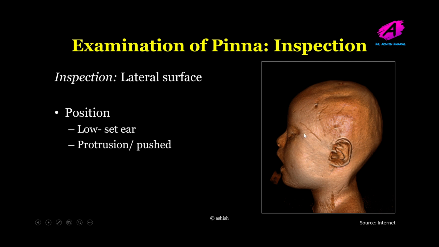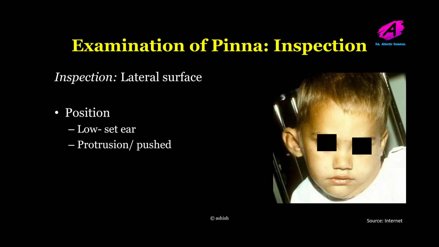If the pinna is below this line, then it is said to be a low set ear. This is commonly seen in patients with Down syndrome. Protrusion or pushed appearance of the pinna may be seen in cases of mastoid abscess or mastoiditis. The pinna is pushed forward and downwards.